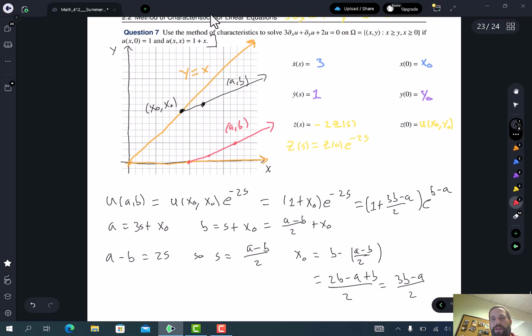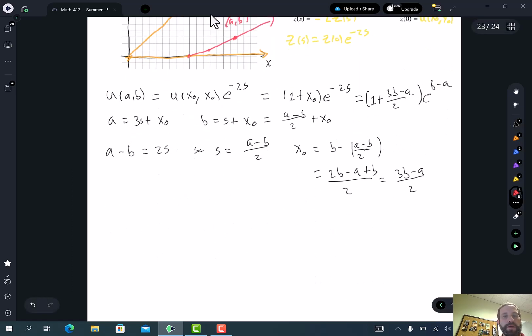Okay, now if I look at an arbitrary point on the red line there, my general formula is still going to be u of a, b is equal to u of x naught, y naught times e to the minus 2s. Here x naught is just arbitrary and y naught is 0.